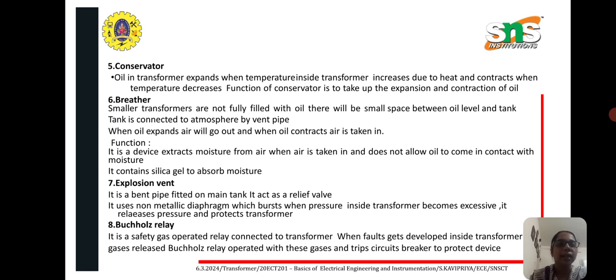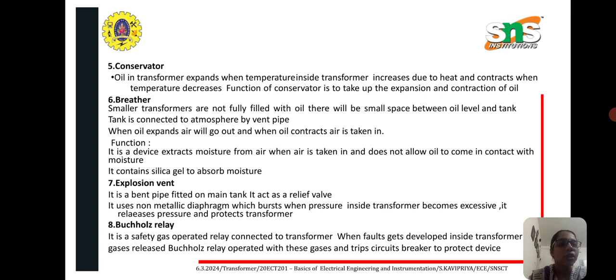And next is the conservator. Oil in the transformer expands when the temperature inside the transformer increases. Due to heat, whenever there is an increase in the heat, the oil in the transformer expands and contracts whenever the temperature decreases.